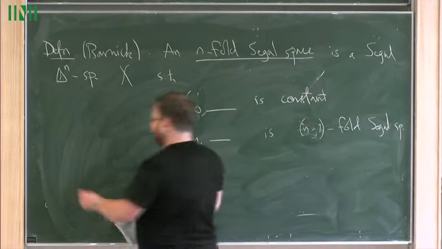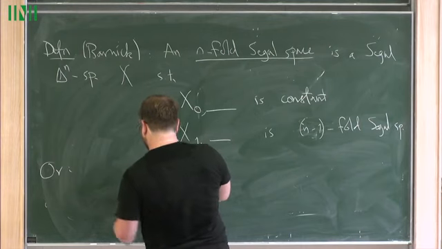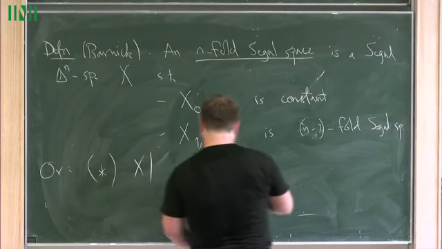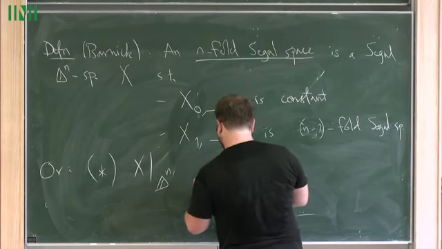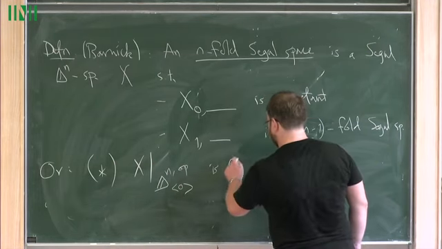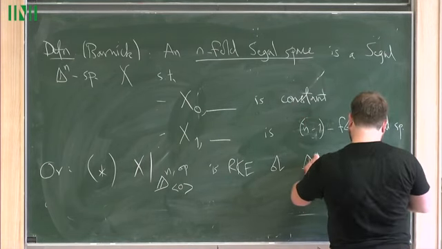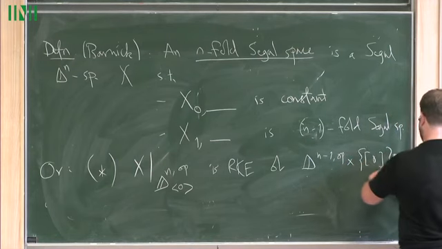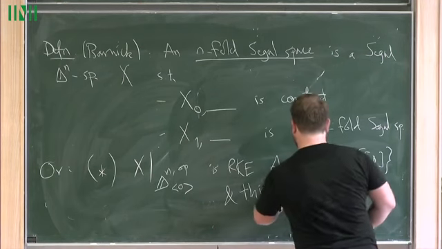And we can also reformulate this in terms of this subcategory delta n0. So we want to say that x restricted to, right, so this condition only depends on x restricted to delta n up 0. And if I got it right, I want to say that it's the right Kan extension of the restriction to delta n minus 1 up across 0, and this restriction is n minus 1 fold Siegel.